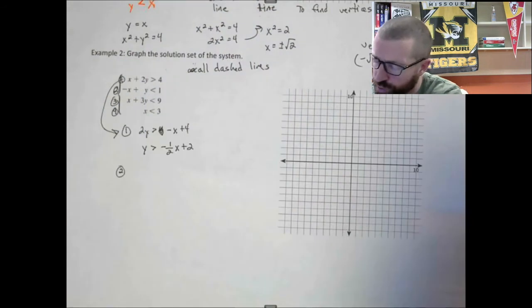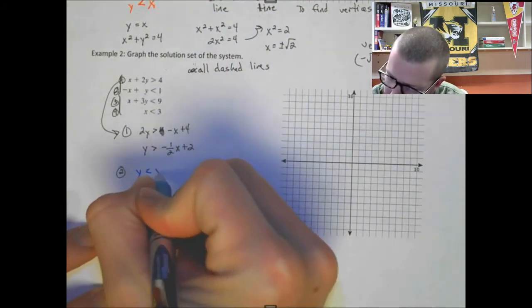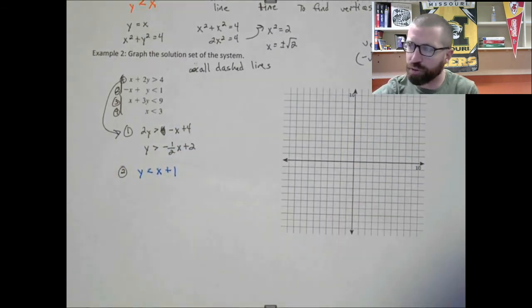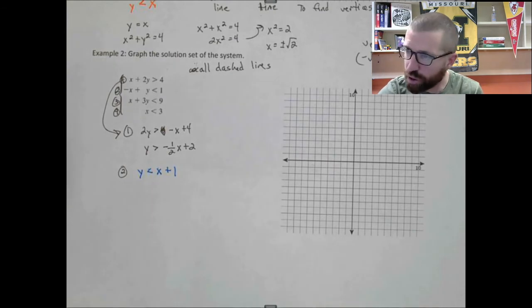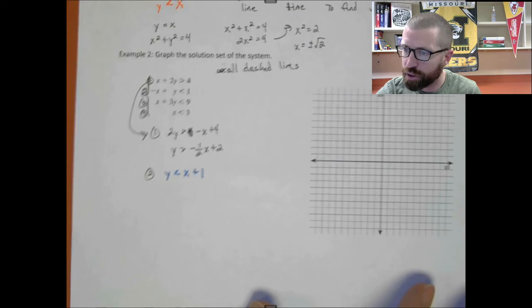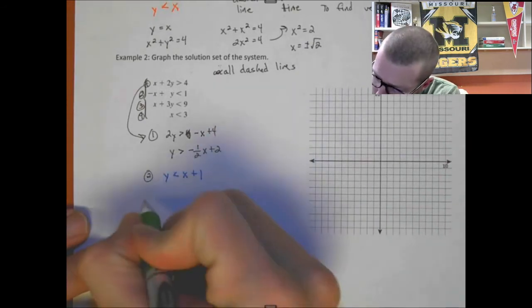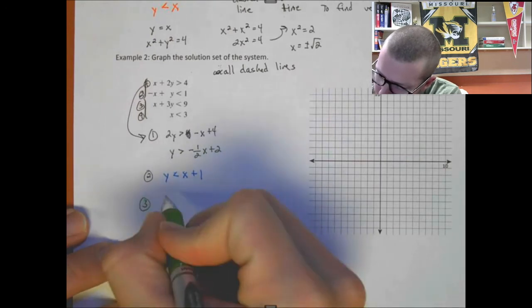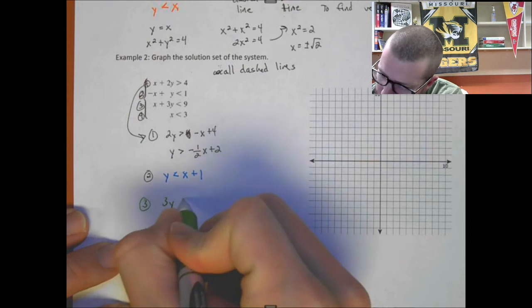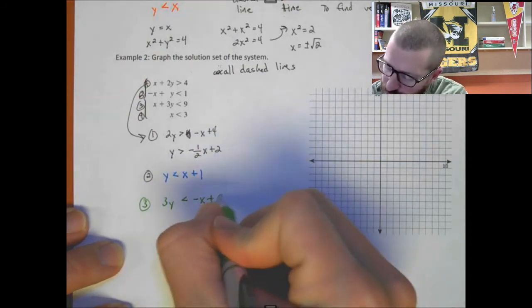Number 2 would be y is less than x plus 1 when we add x to both sides. Number 3 would be 3y is less than negative x plus 9.